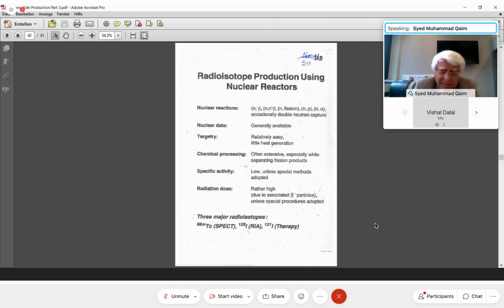It is used in SPECT. So if somebody asks you, you must be able to answer this question at the end of the course. The 3 most important radionuclides produced in reactor are technetium-99m for SPECT, iodine-125 for radioimmunotherapy as well as for Auger therapy, and iodine-131 for normal beta minus therapy.